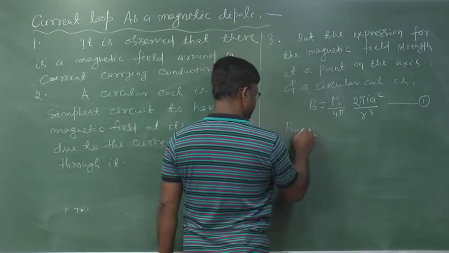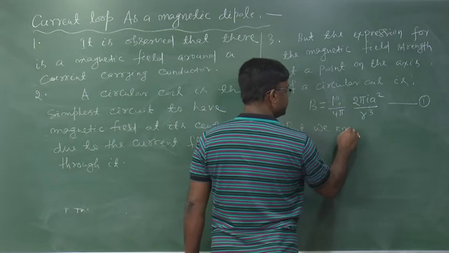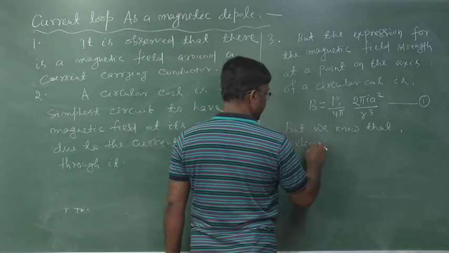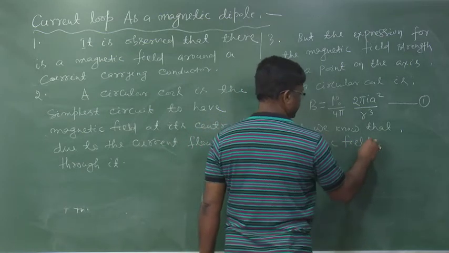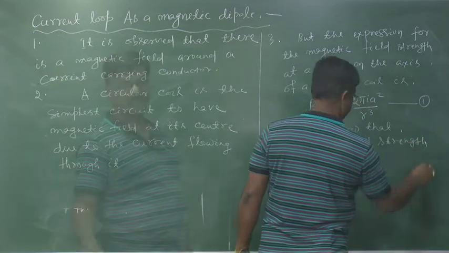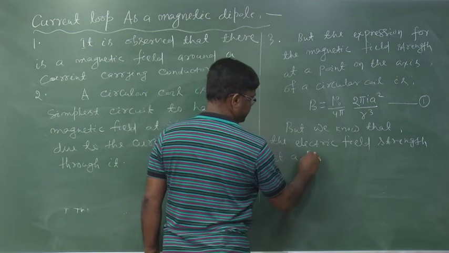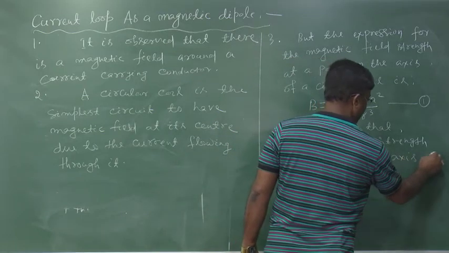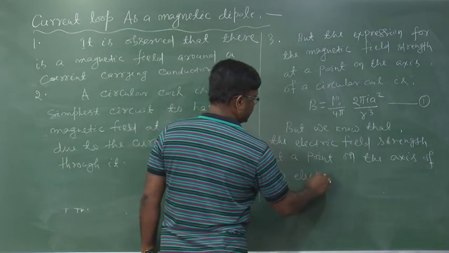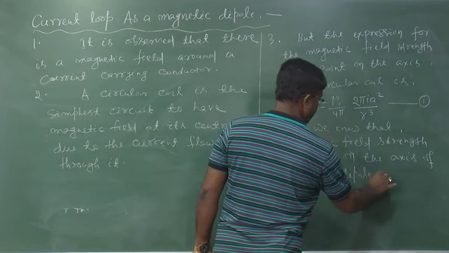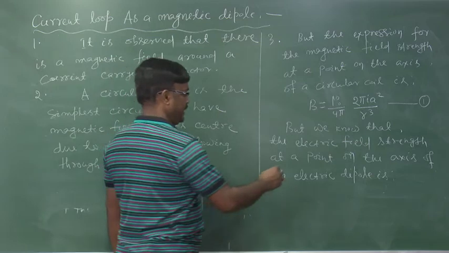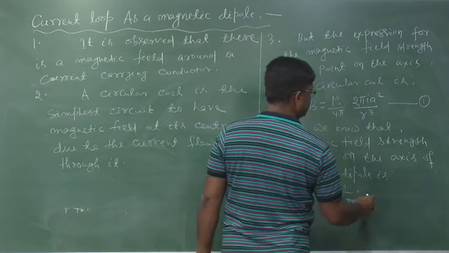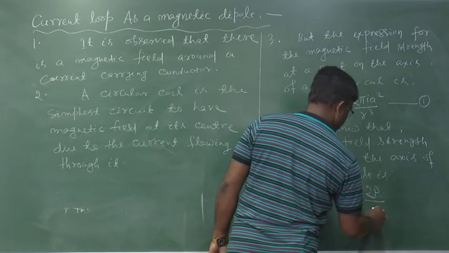But we know that the electric field strength at a point on the axis of an electric dipole is E is equal to 1 by 4 pi epsilon 0, 2 p by r cube.